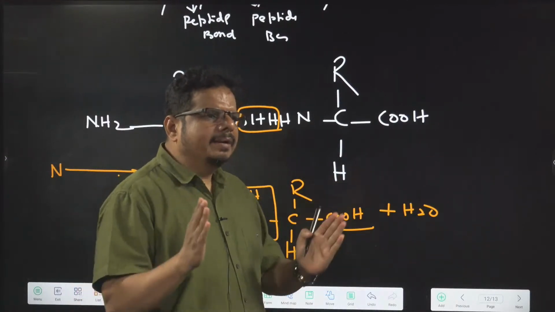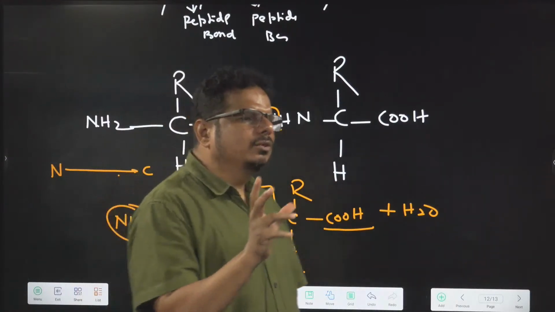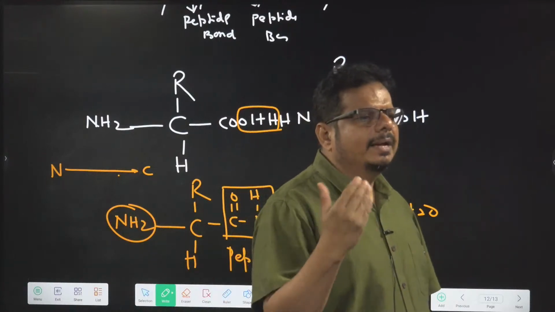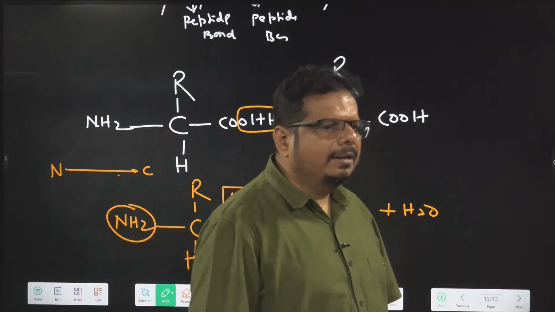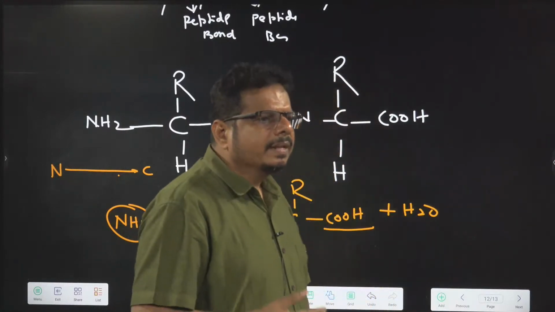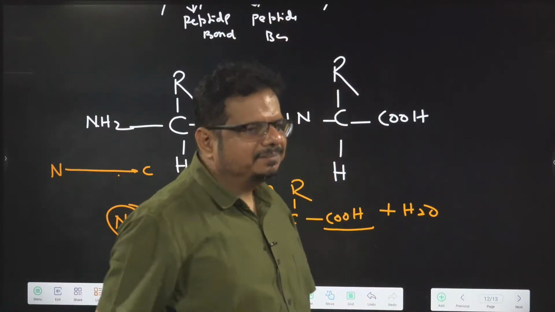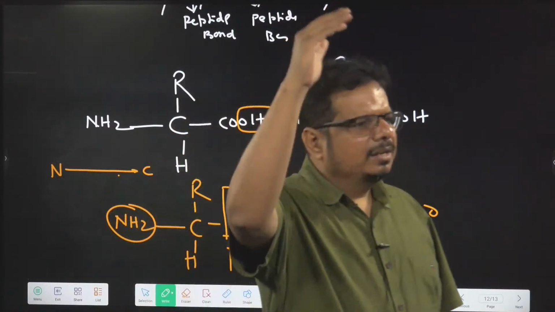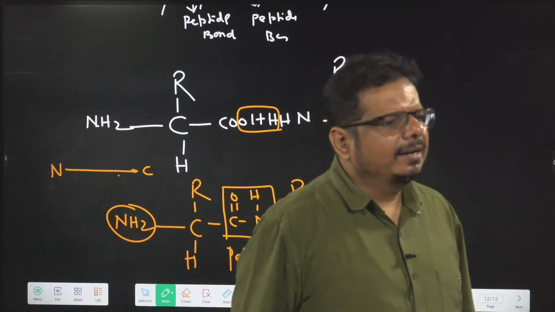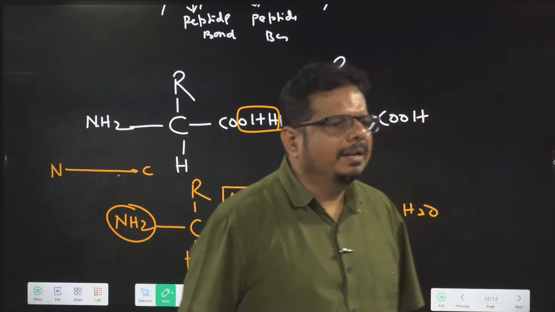Two amino acids joined is called a dipeptide. 3 amino acids, tripeptide. 4, tetrapeptide. 5, pentapeptide. 6, hexapeptide. More than 10, we use the term polypeptide. Is it clear in the mind?